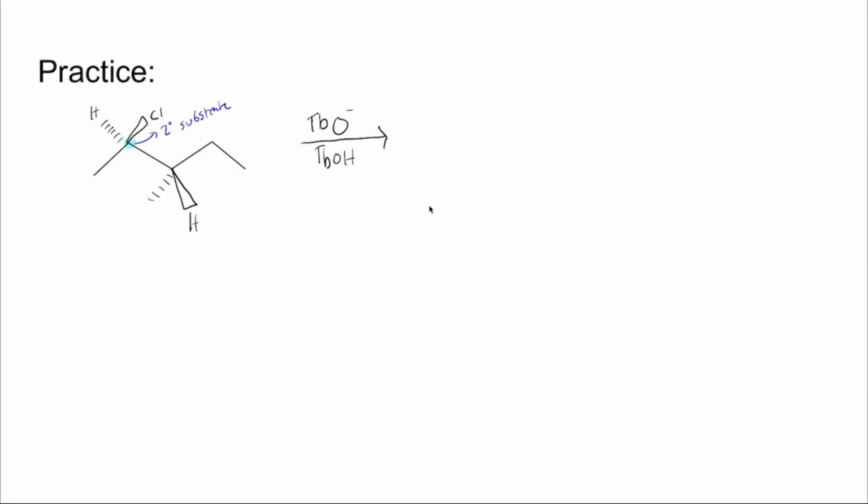And just as a reminder, that means that you have a hydrogen that is anti to your leaving group. So if this chlorine is on a wedge, then we would need to have another hydrogen that is on a dash in the 3D orientation. So for example, this hydrogen is not anti to our leaving group.